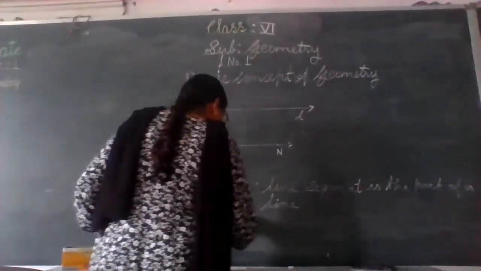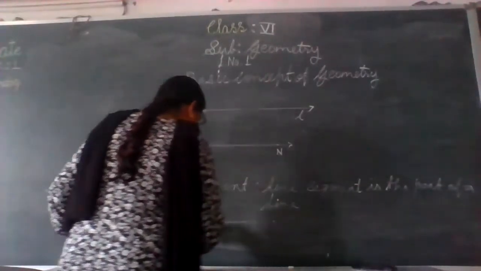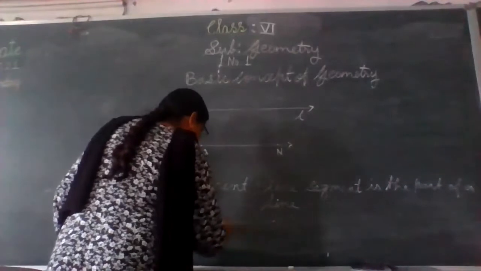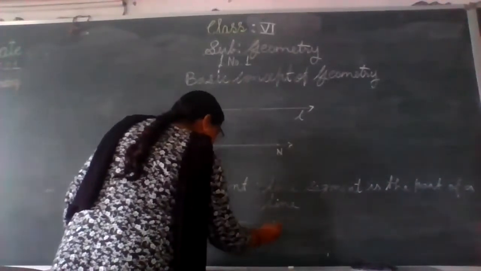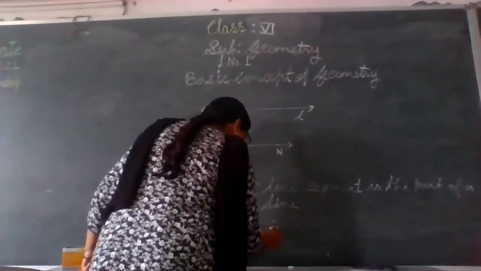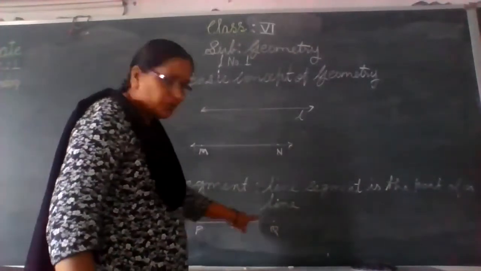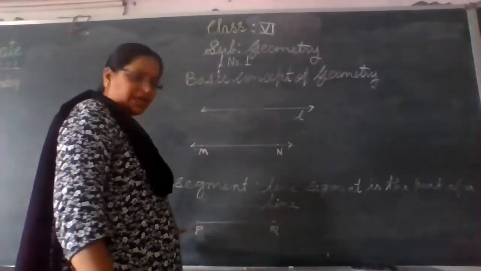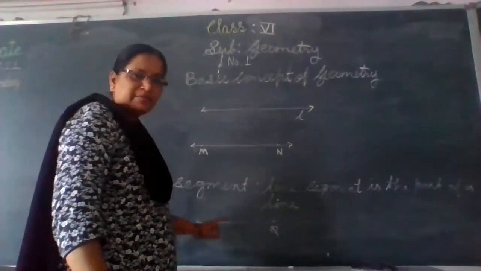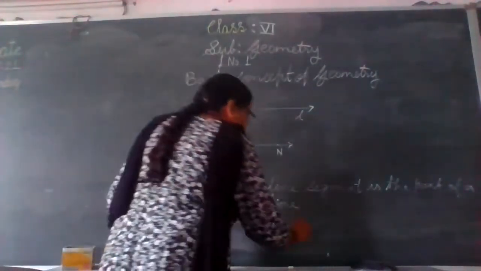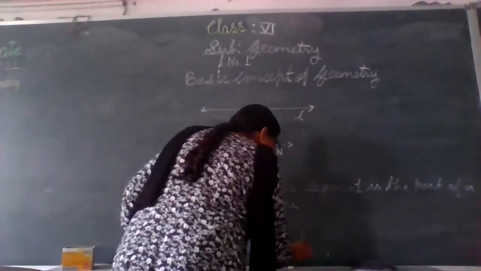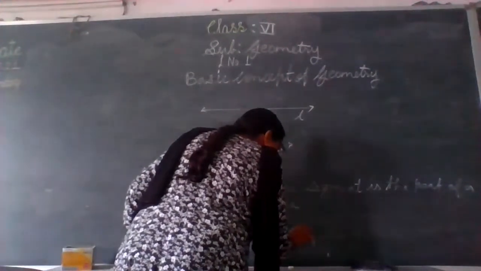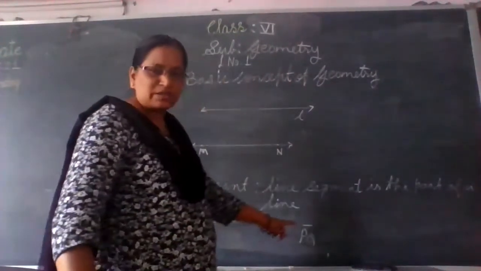Now see. PQ. See, beta, it has 2 end points. So we can name it line segment PQ. And see it is PQ, and draw a little bar over this PQ.